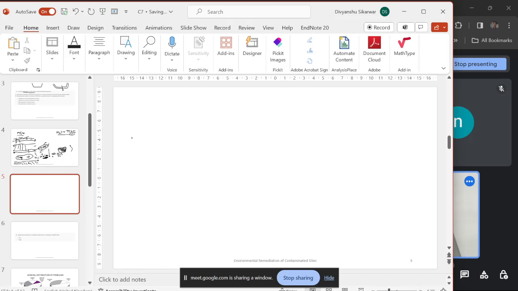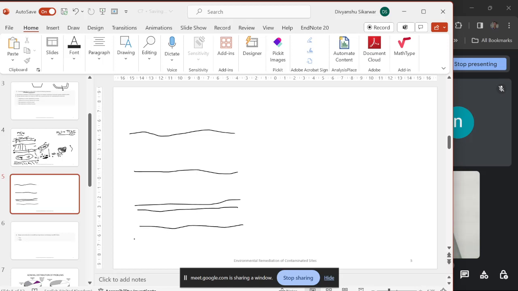In the double liner system, this is the subsoil, the subsurface soil.